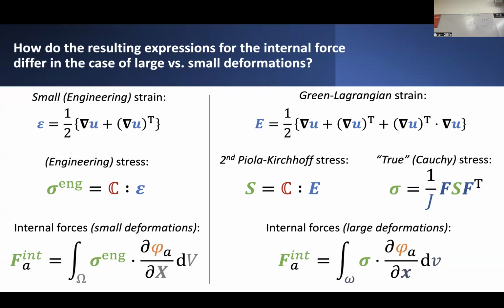Similarly, we carry out integrals over the undeformed volume when we're doing everything in small deformations. In large deformations, integrals are carried out over the deformed configuration of the structure. So everything is with respect to the deformed configuration when we're talking about how we compute these forces in the case of large deformations, whereas in small deformations, everything is with respect to the undeformed configuration.